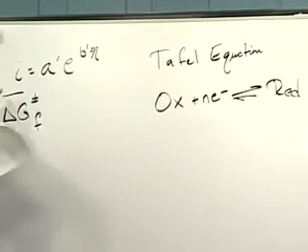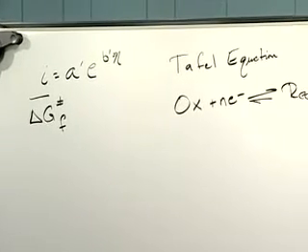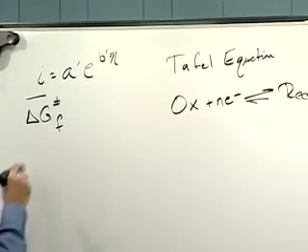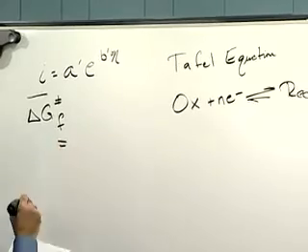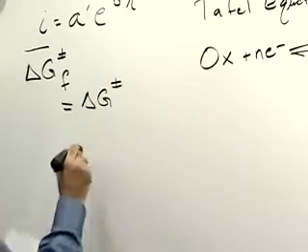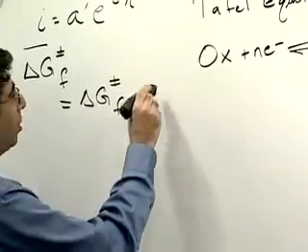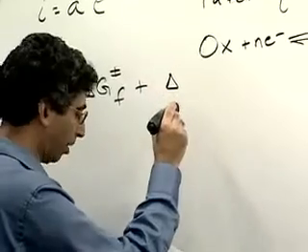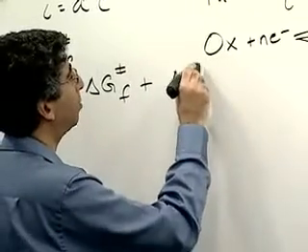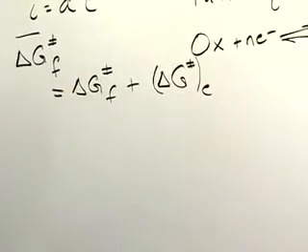If we're looking at the forward-going reaction, oxidized going to reduced, then we're going to say that that is equal to a standard energy of activation for the forward reaction plus a second term, which has to do with the fact that we're moving electrons around, and therefore we have an electrical potential and electrical work that we're going to deal with.